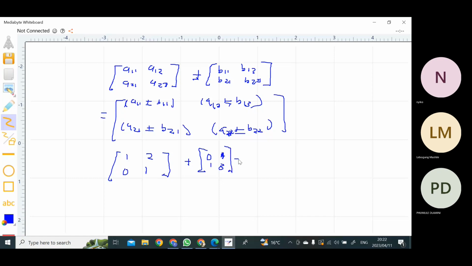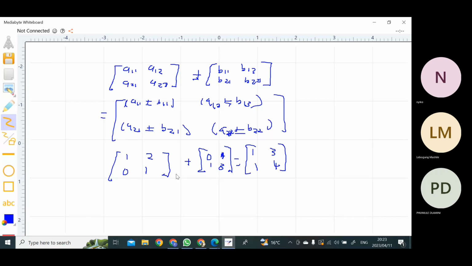When I add these two matrices, 1 plus 0 is going to be 1. 2 plus 1 is going to be 3. 0 plus 1 is going to be 1 again, and 1 plus 3 is going to be 4. So that's how simple it is when you are adding a matrix of 2 by 2.